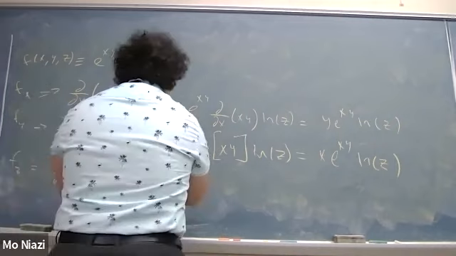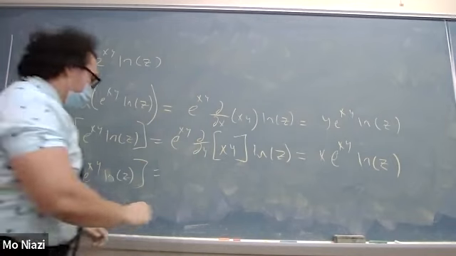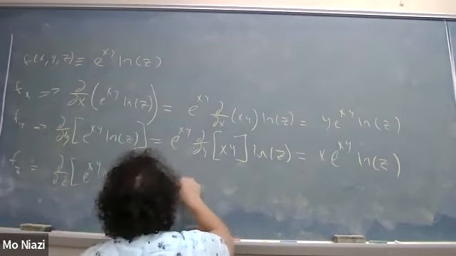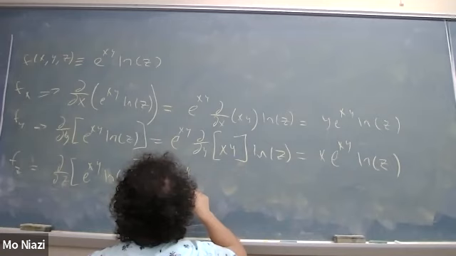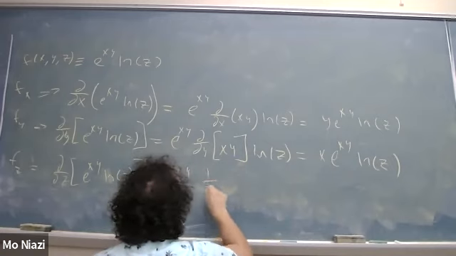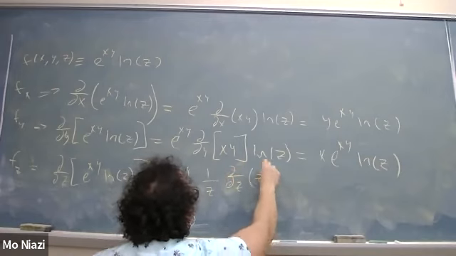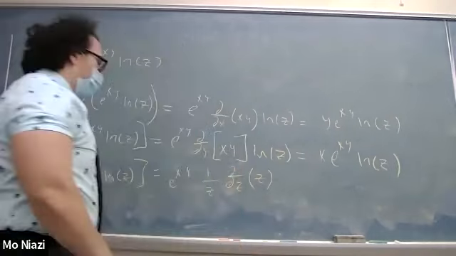So this one's going to be interesting. It's just going to ignore the e to the xy. It thinks it's a constant. So it's going to take partial ln of z with respect to z. This becomes 1 over z. Right?